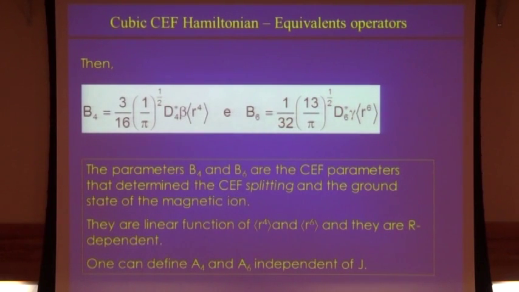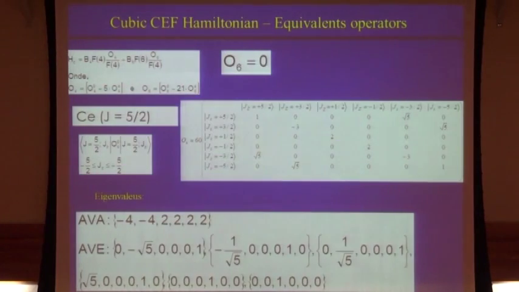So you can write these general crystal field parameters now that are J dependent. But you know very well how they act in a multiplet J. So it's very easy to calculate the effect of the crystal field now. For instance, you can do that in Cerium, which is very easy. You can do it by hand, and you can apply these equivalent operators.